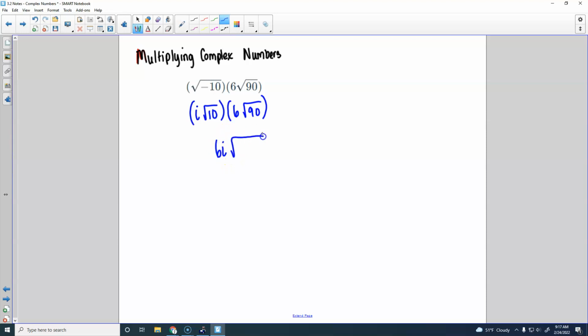And then multiply the stuff on the inside together, so you'll get 900. But 900 is a perfect square. What times itself will give you 900? 30. So we're going to have 6i times 30. And then you're just going to get 180i for that.